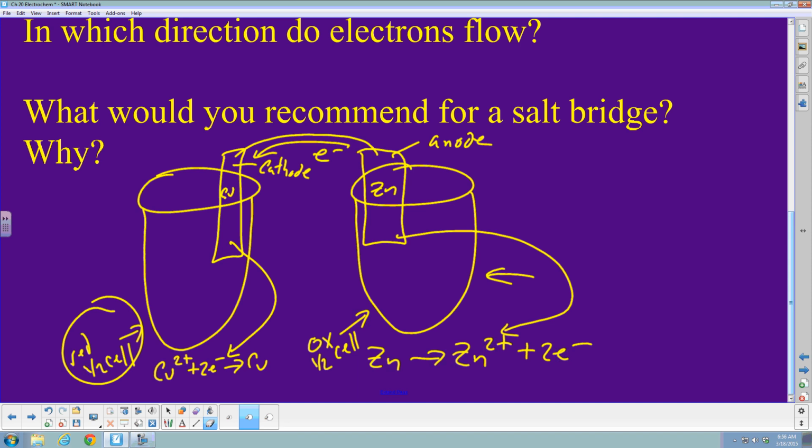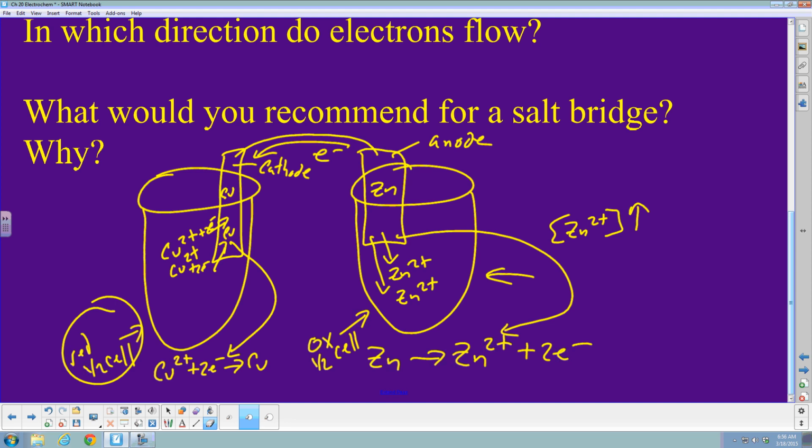So that means what? My zinc is going into solution, so my concentration of Zn2+ is going to do what? Increase. Good. Over here, what's happening? My Cu2+ ions are picking up 2 electrons, and they are depositing on my copper electrode.